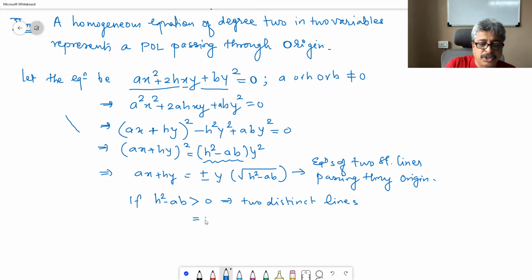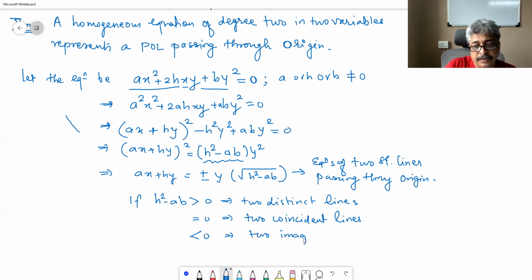If it is equal to 0, we have a perfect square and hence two coincident lines. And if it is less than 0, we have two imaginary lines. So that is the characterization of two straight lines passing through origin.